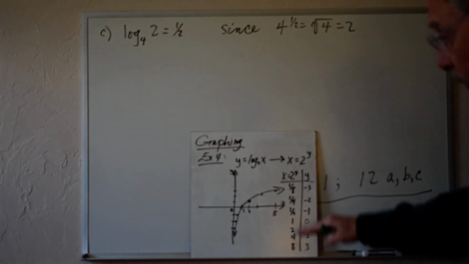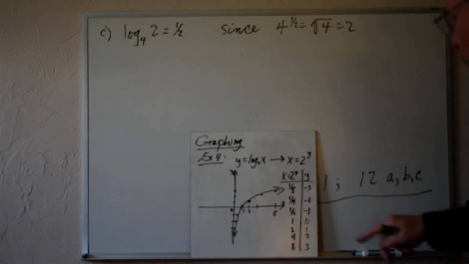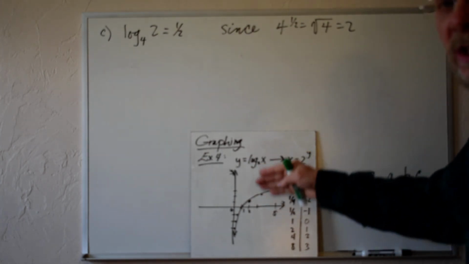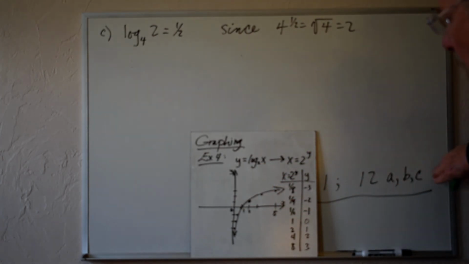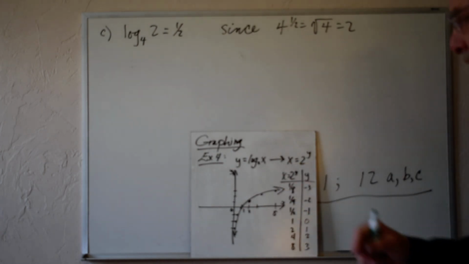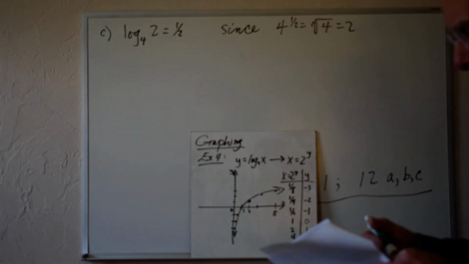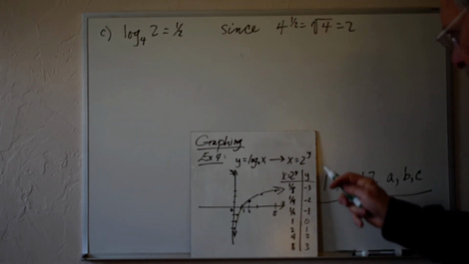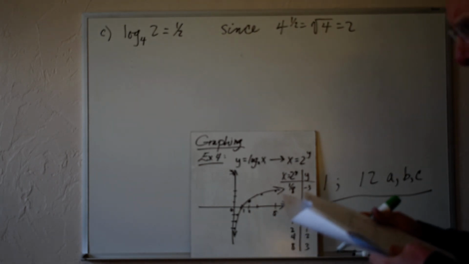It never goes down, it goes up at a slower and slower rate as it goes off to positive infinity here. And in fact, it should look like the exponential function because this is the inverse of an exponential function.